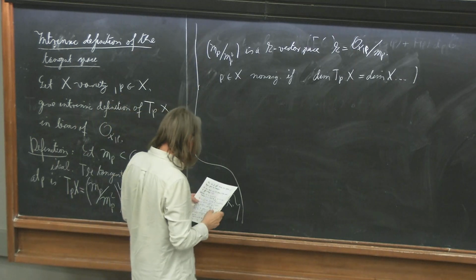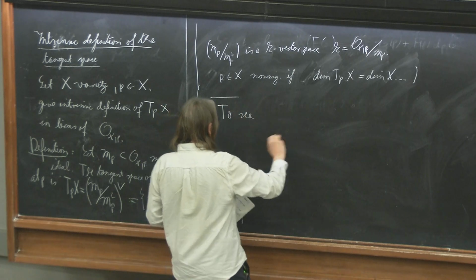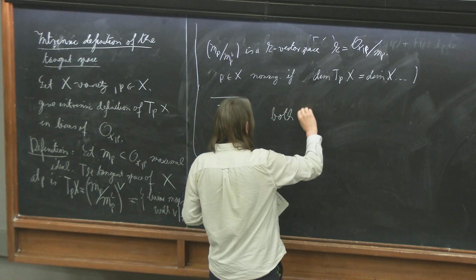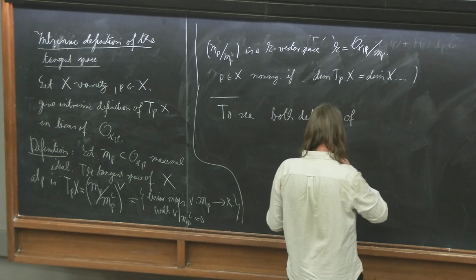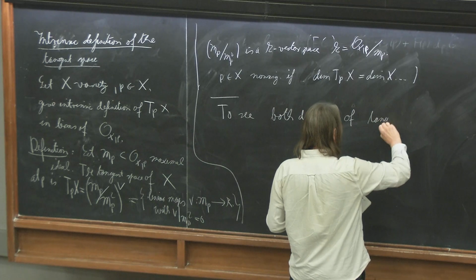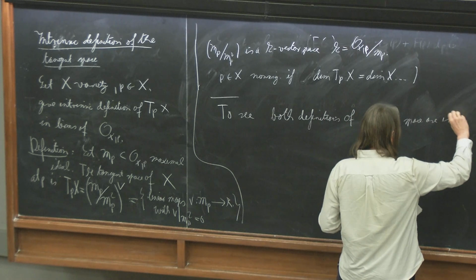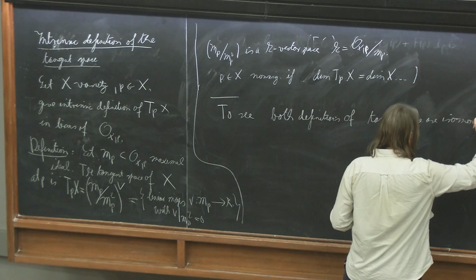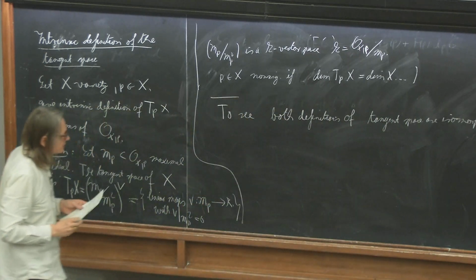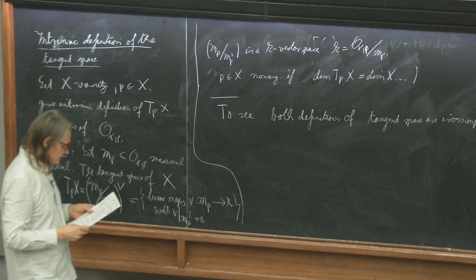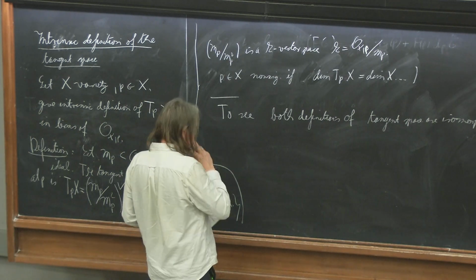So we want to see that both definitions of the tangent space give isomorphic vector spaces. And if one looks carefully, they are canonically isomorphic, so one could view them in some sense as equal.